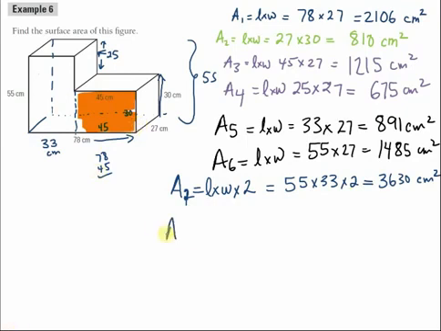That's area 8, a rectangle: length times width times 2, because there's one front and back. It's 45 by 30, and there's front and back, so we have times 2. On the calculator, 45 times 30 times 2 is 2,700.